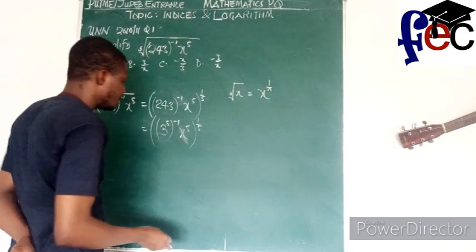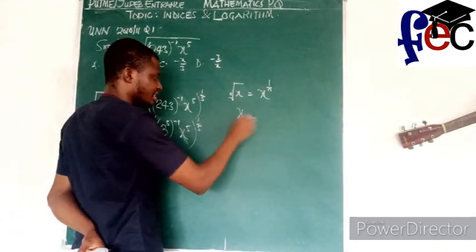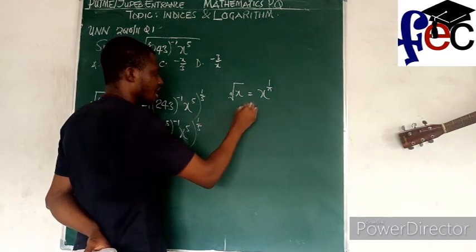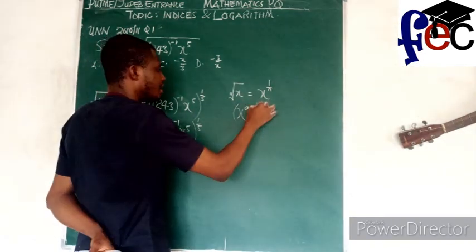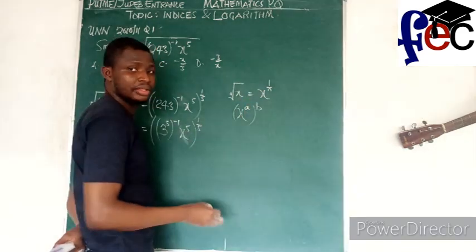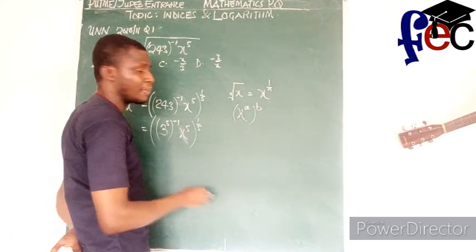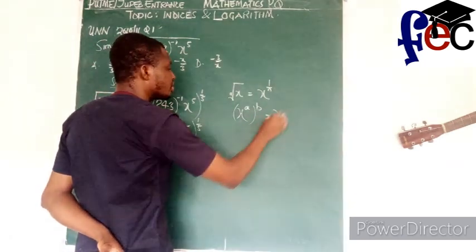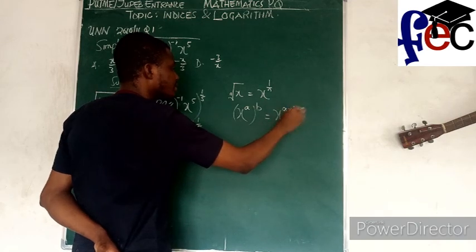Alright? Now, you remember another rule that I just stated in the other solution. x raised to power a, raised to another power. This will give us x raised to the power of the product of the powers.